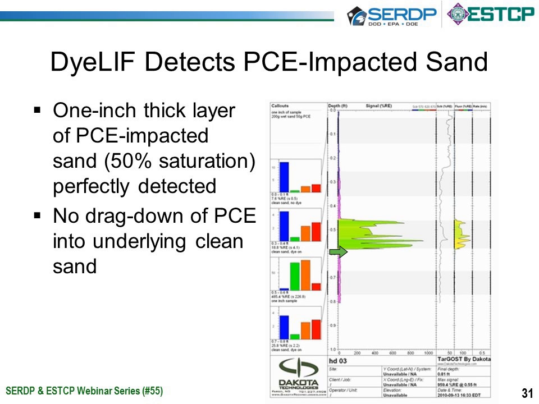Note that there's a very sharp contrast at the base of that 1-inch thick layer, which demonstrates, as has been demonstrated at hundreds or thousands of field sites, that there's no drag down of that product as you penetrate it and pass through it with the direct push tool.